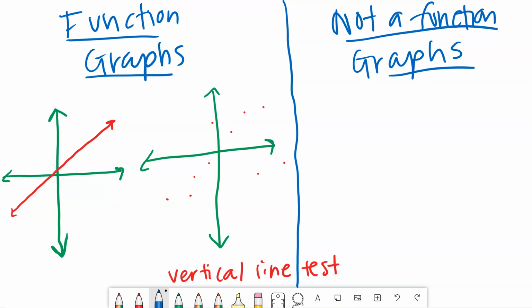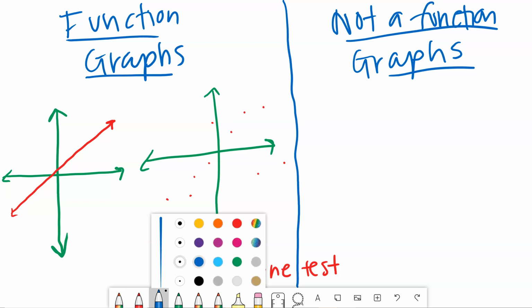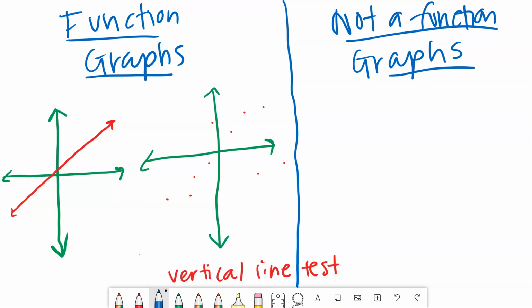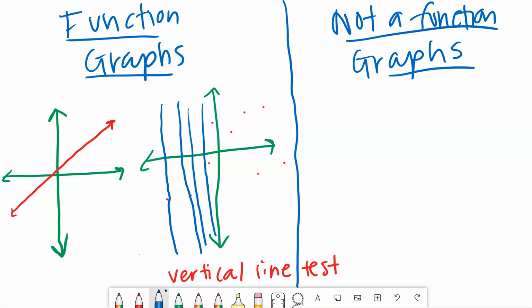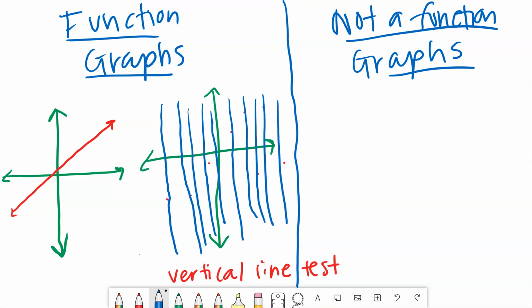The way that you do this is, same thing, you cannot have more than one dot on a line. So of course I'm not doing it perfect, but if you can see what I mean, there's no more than one dot on each line.